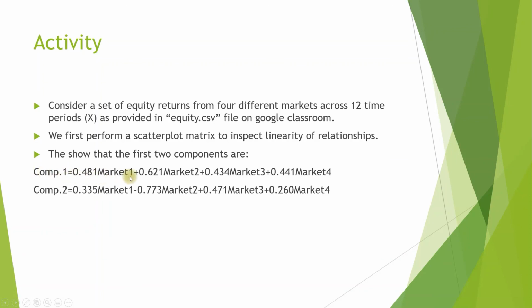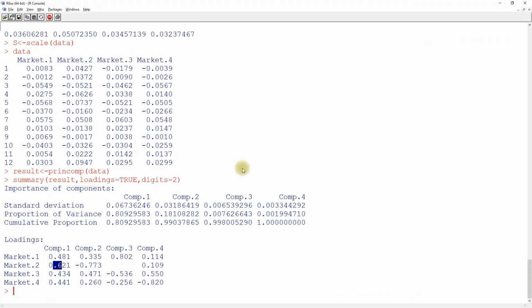So basically, when you look at this equation, it is our transformation that originally we have been talking about. You remember, you are applying a transformation on your data, the Z values, the Z1, the Z2 that I've been explaining in the lecture. So Z1 is equal to 0.481 x1 plus 0.621 x2, and so on. So you are applying this transformation on your data to get your scores.